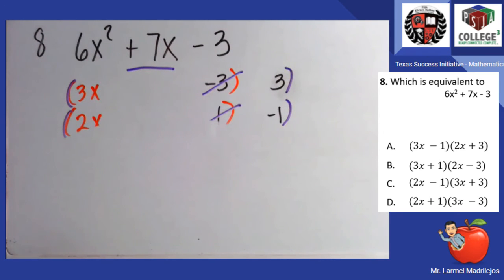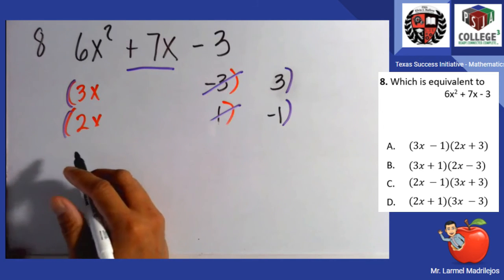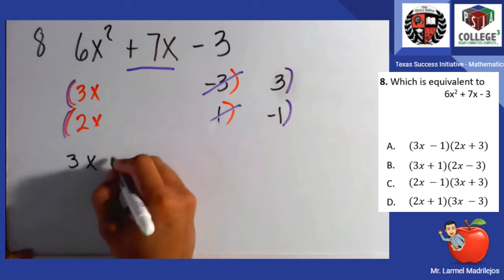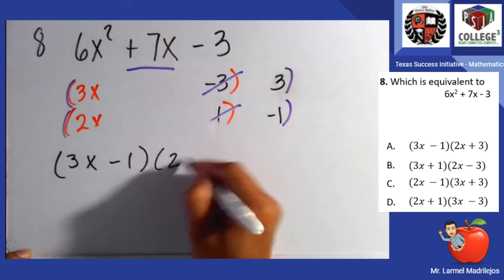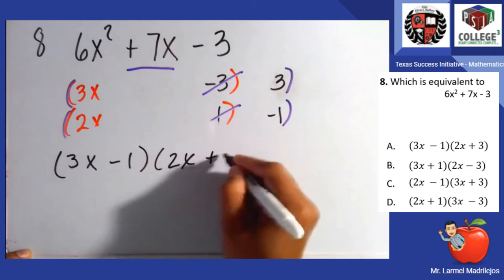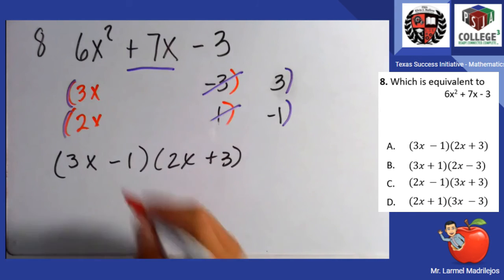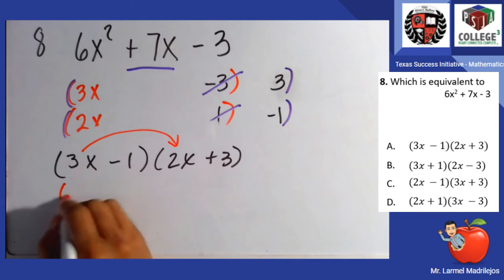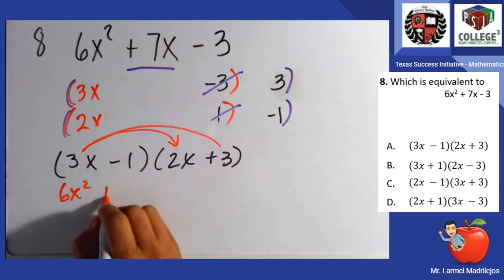How about if I flip the number here? It's 3x minus 1, I'm going to use that, and 2x plus 3. Okay. Multiply 3x times 2x is 6x squared. Multiply, this turns to positive 9x.